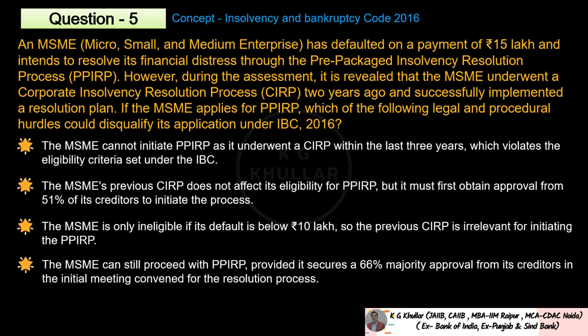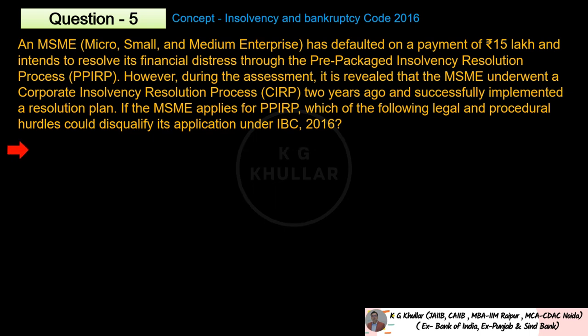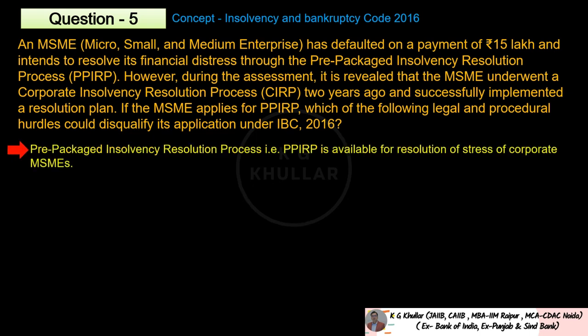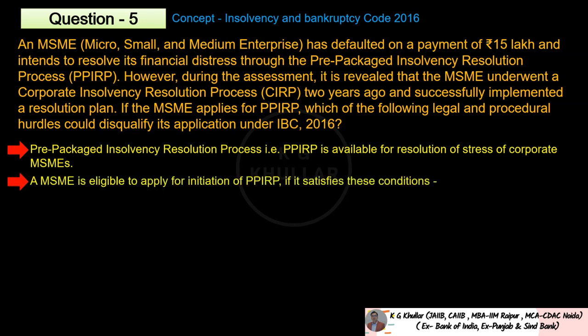Now friends, please note, pre-packaged insolvency resolution process, that is PPIRP, is basically available for resolution of stress in corporate MSMEs. Now MSME is eligible to apply for initiation of PPIRP if it satisfies these conditions.